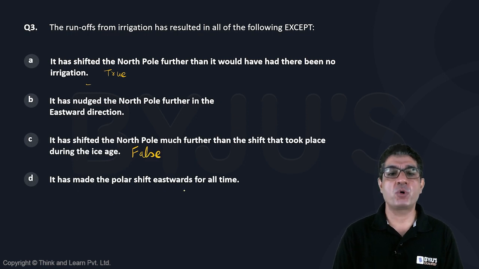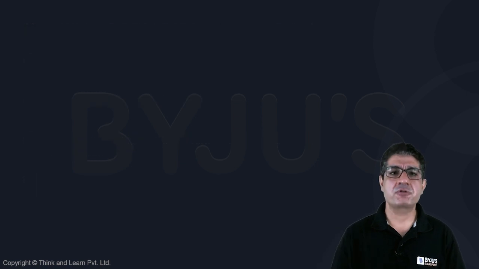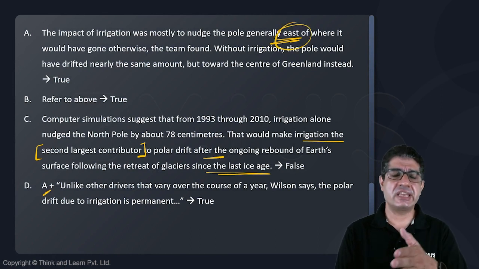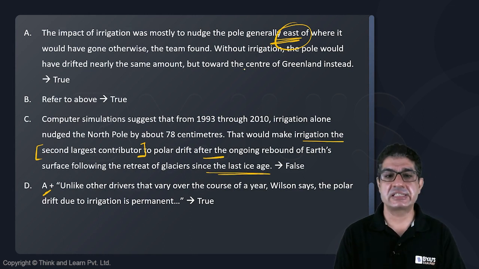Then D: it has made the polar shift eastwards for all time. Can we conclude this? Yes, from 2 things. First up, look at what we have written for option A. Irrigation is shifting it towards the east. Combine it with the fact that the drift due to irrigation is permanent. We referred to it a little while ago.